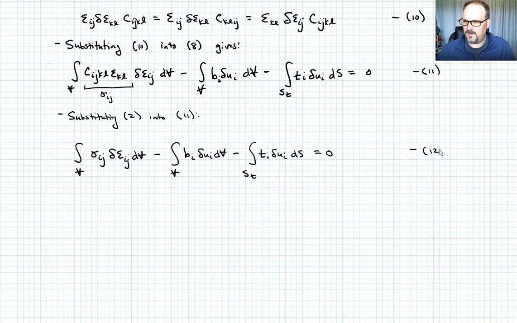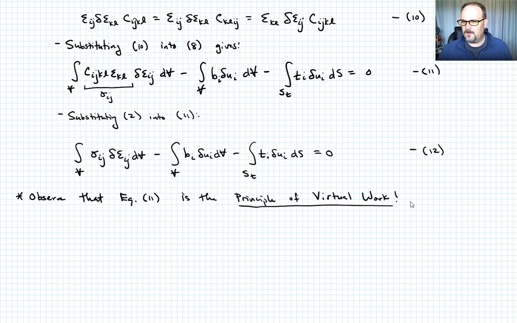Call that equation 12. And this is the culmination. If you remember, this is the principle of virtual work, which is the weak form of the equations of equilibrium.